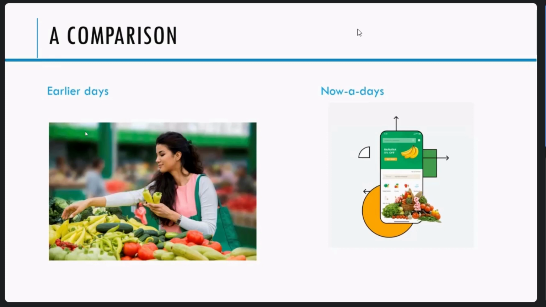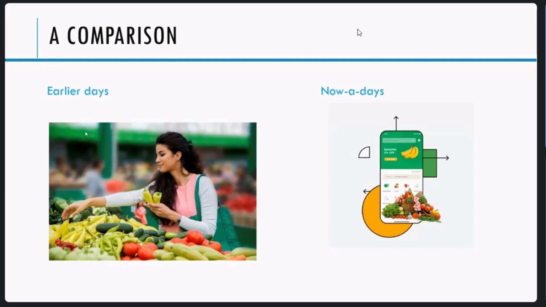But nowadays, what is happening? A person just needs to open a shopping app on his or her mobile, select the desired item, make online payment, and the item gets delivered at his or her doorstep very quickly. Things are done very quickly.